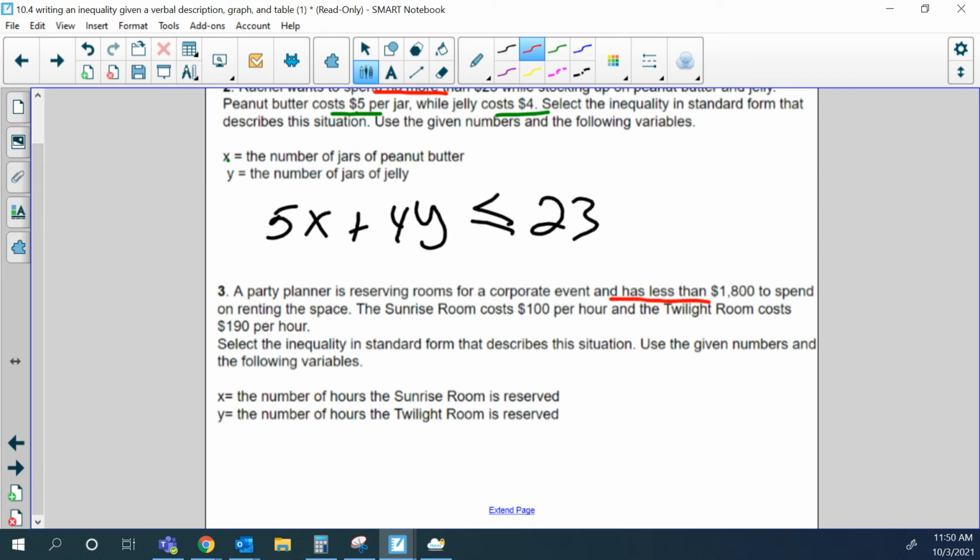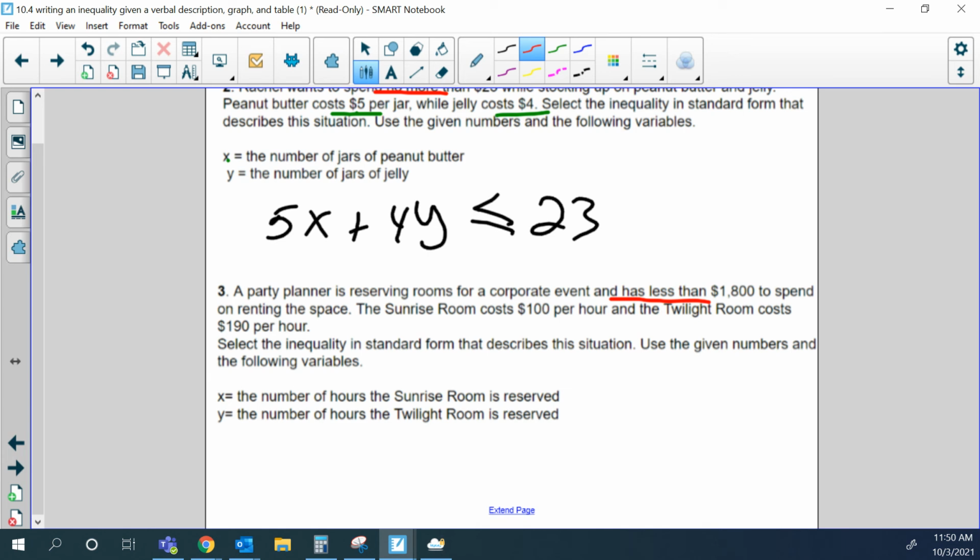The Sunrise room costs $100 per hour, and the Sunlight room costs $190 per hour. We have our variables: x equals the number of hours, and y equals the number of hours reserved for the other room.